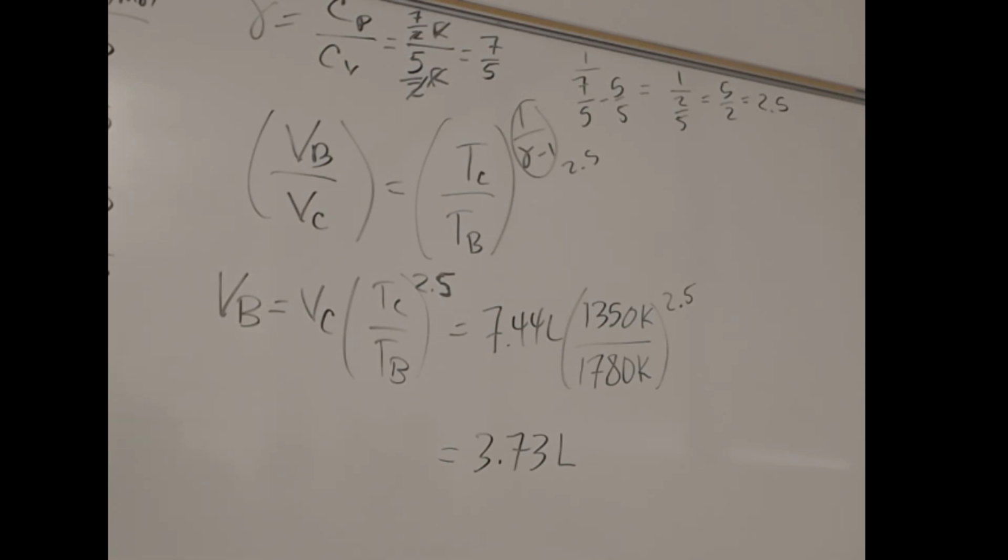So, 0.888 liters. Temperature A is hot, 1780 Kelvin, 1350 Kelvin, 2.5.